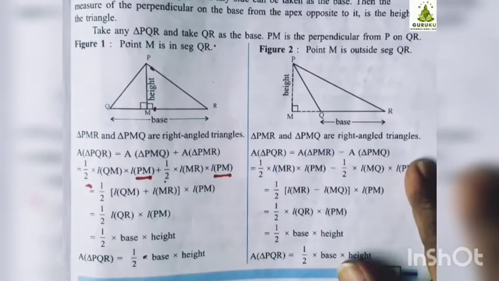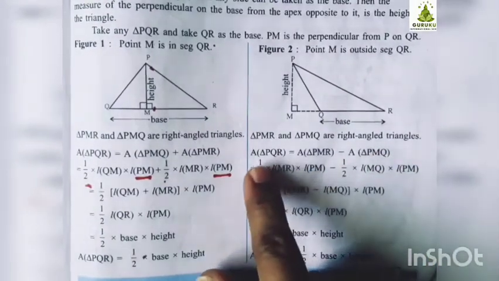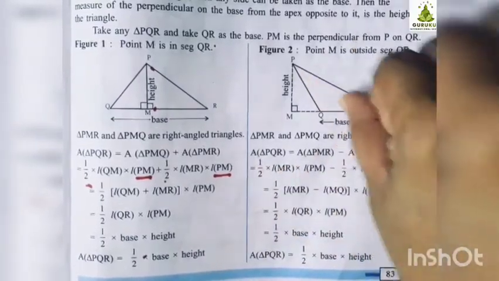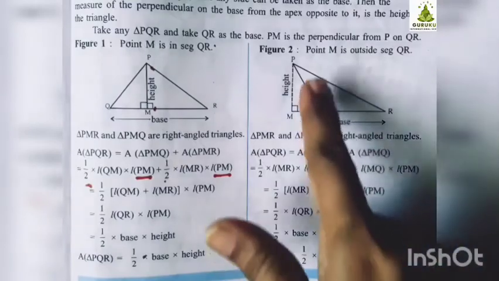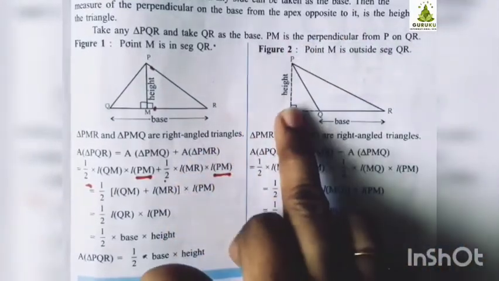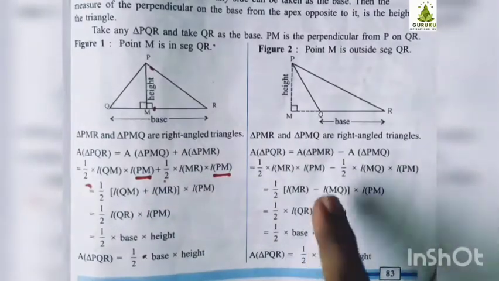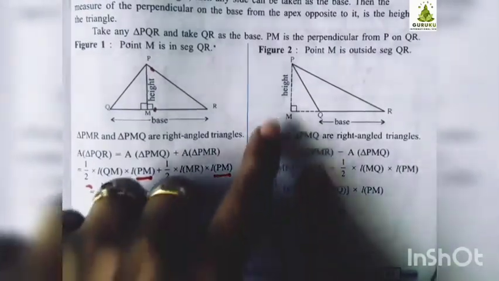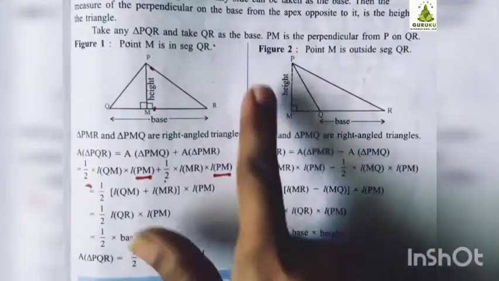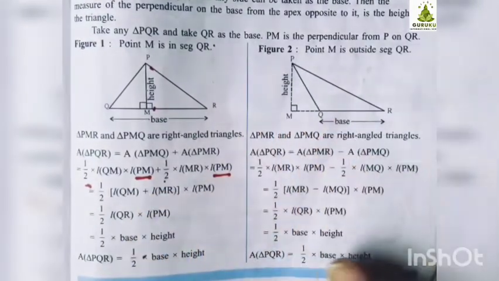Now, area of triangle PQR is equal to, means if you want to find the area of this, first we have to find the area of the total minus the area of this small triangle. So what they have done: area of triangle PMR minus area of triangle PMQ, right?